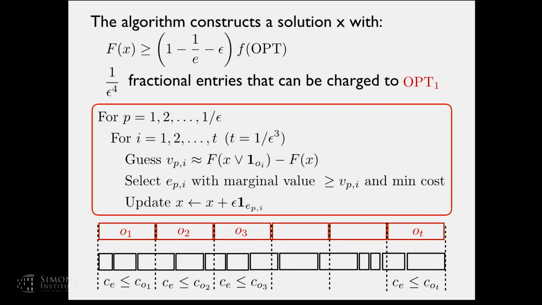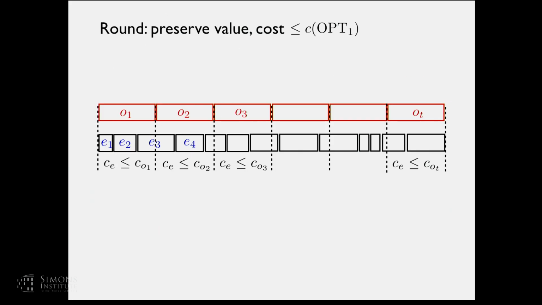How does this help? It helps us in rounding, and this brings me to your question. We can use this to round the fractional solution while preserving the fractional value. We do not want to lose any of the fractional value. At the same time, we want to bound the cost of these fractional items that get rounded up to 1.